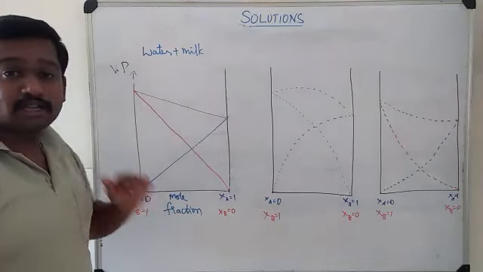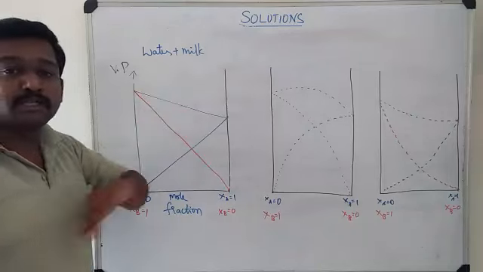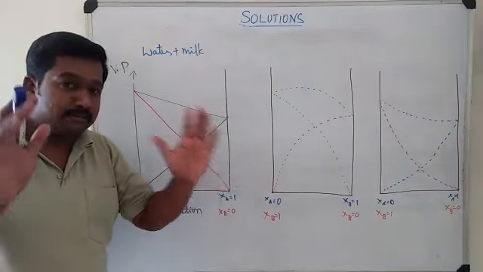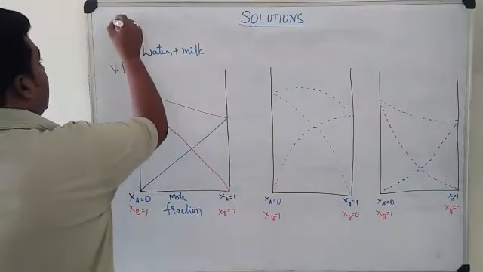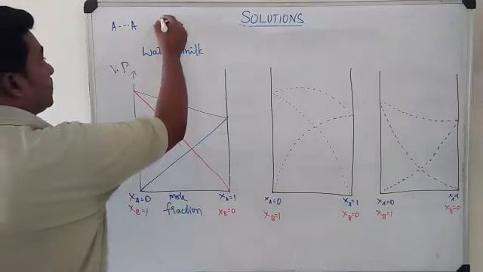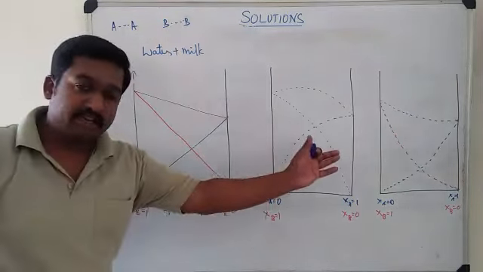The solution can be called an ideal solution because there is a mixing of these two components uniformly with no disturbance at all. When I say no disturbance, it means A and A have a force of attraction in the liquid state. B and B have a force of attraction in the liquid state separately.